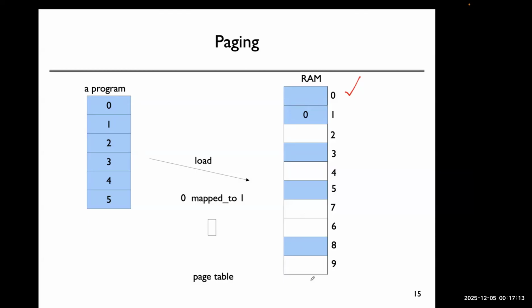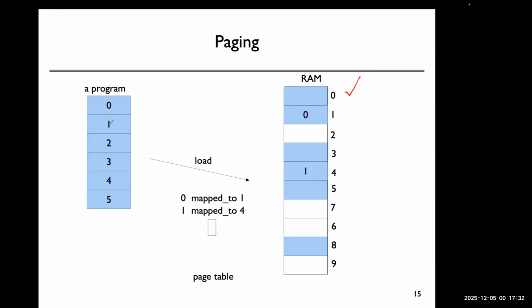Here we are just mapping. Since this block was free, we load page 0 into frame 1. We keep a record of the mapping: page 0 is mapped to frame 1.